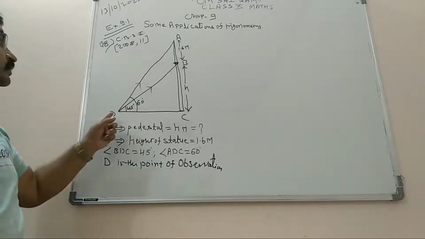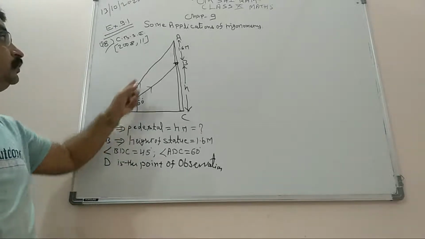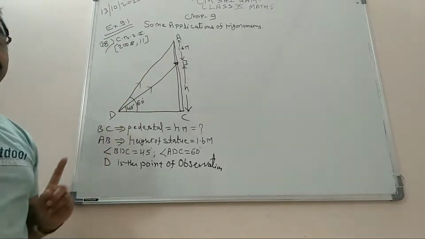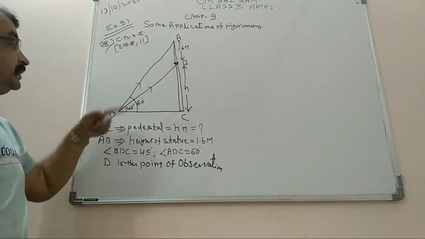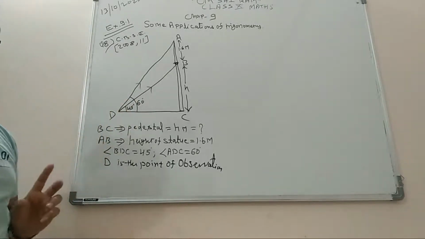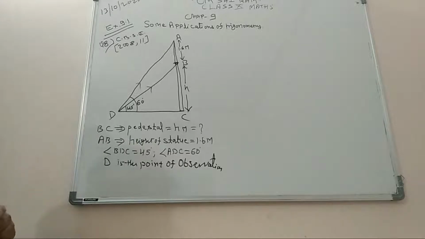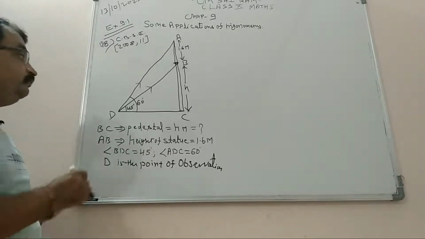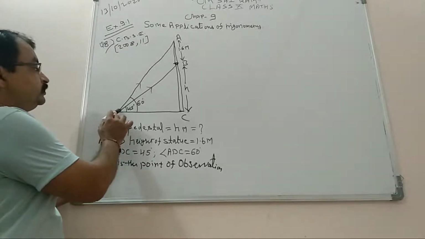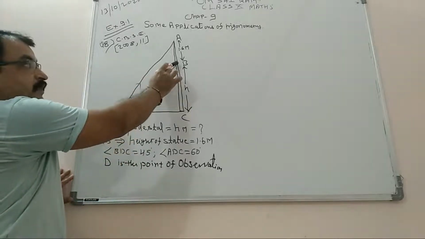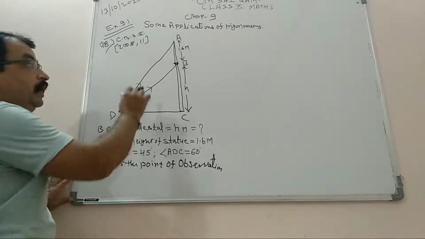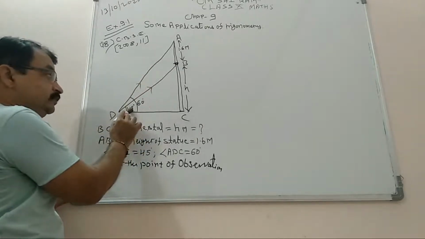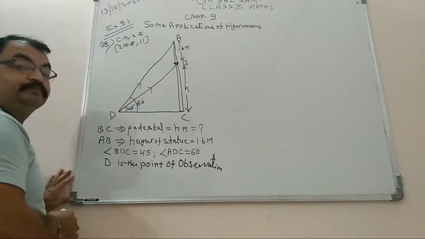And when he observes the top of the statue, that is point A, he gets an elevation of 60 degree. Two angles of elevation are given, children. One for the base of the statue, that is at point B, and he gets an elevation 45 degree.